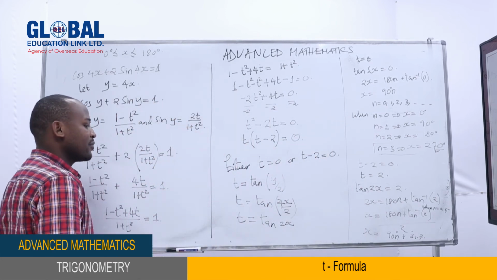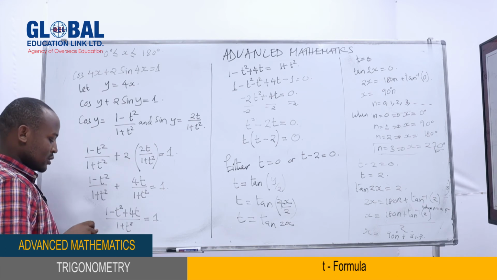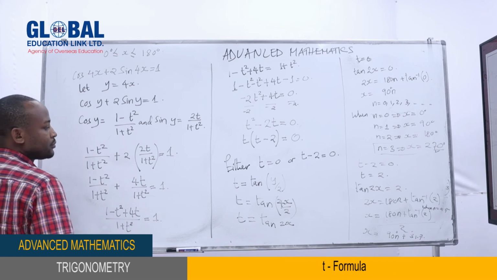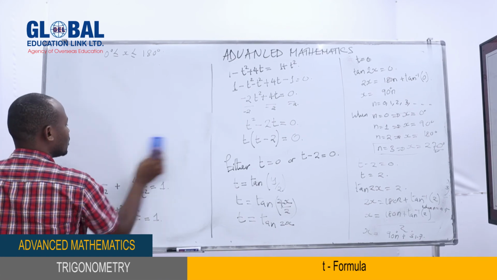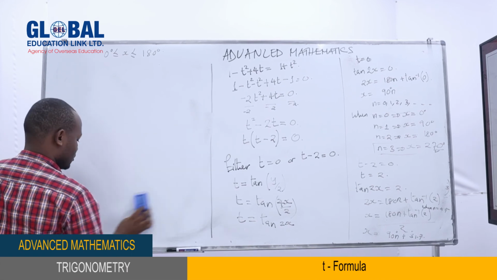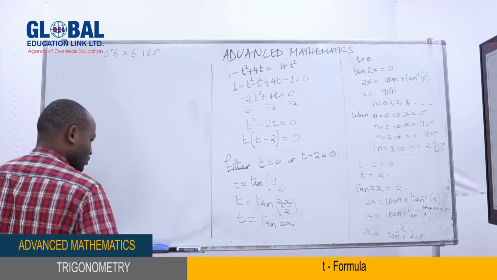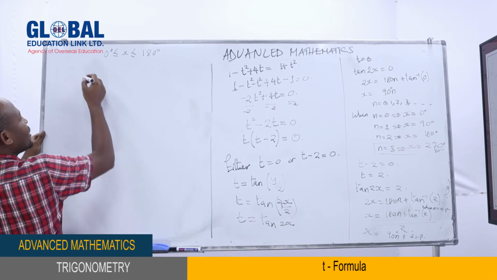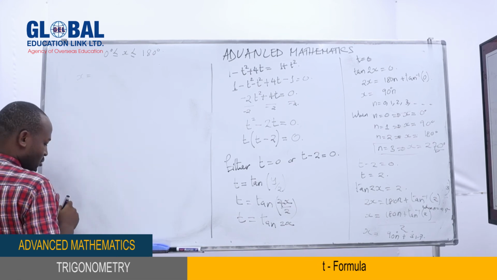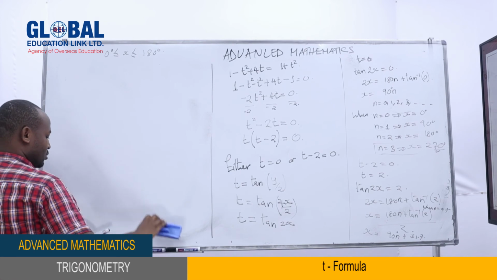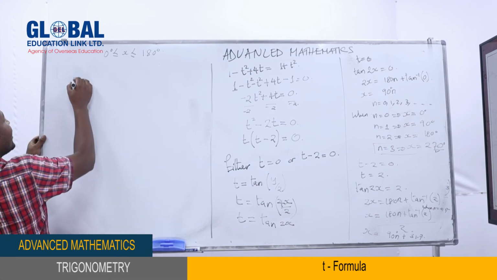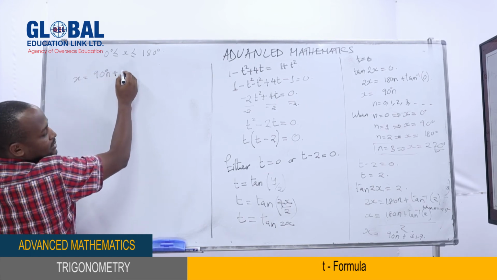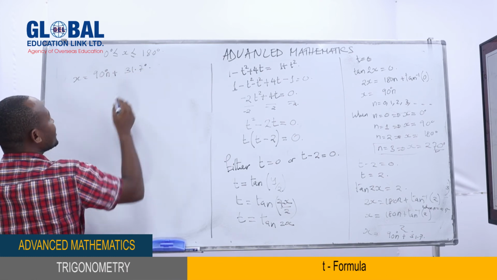Then we are supposed to check for the values when n is equal to 0, 1, and so forth. Now let's see. So we have x equals 90 degrees n plus 31.7 degrees.